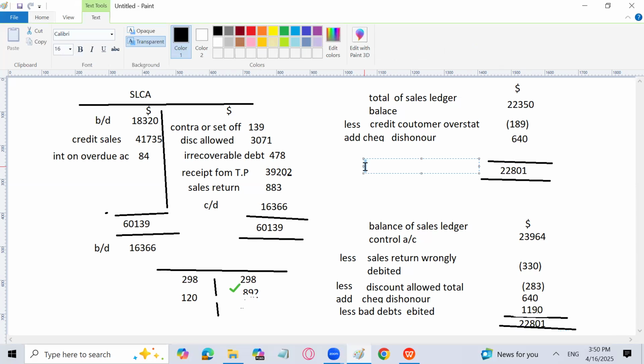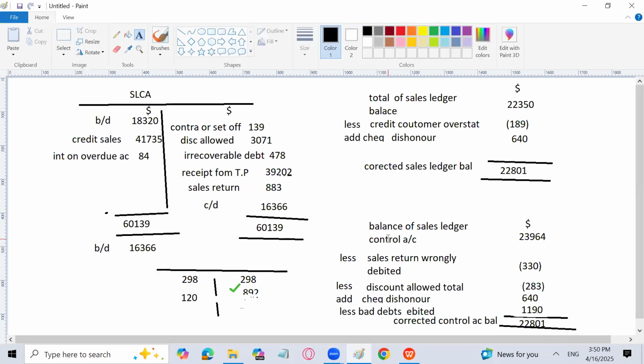Now you can call this the corrected sales ledger balance, and this is the corrected control account balance. That's it. So this is how we are done with this question.